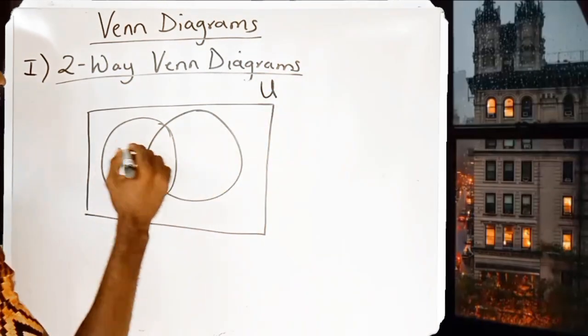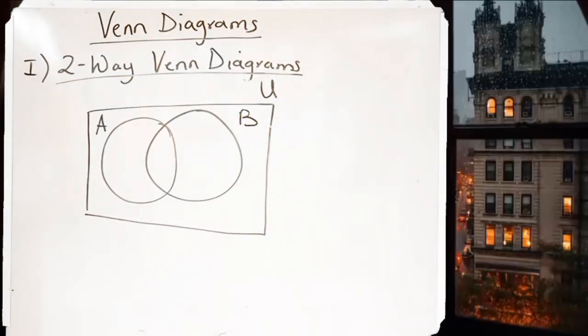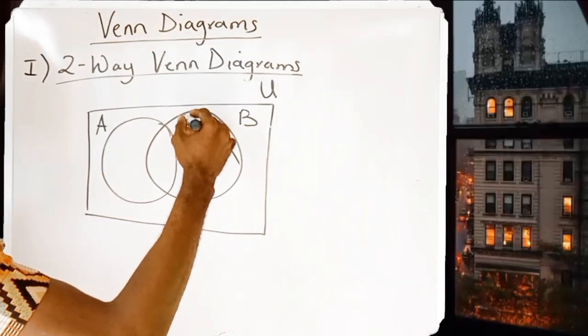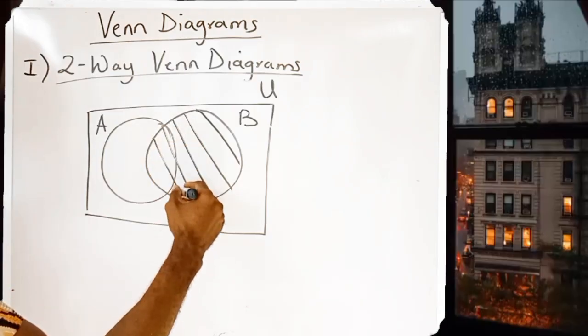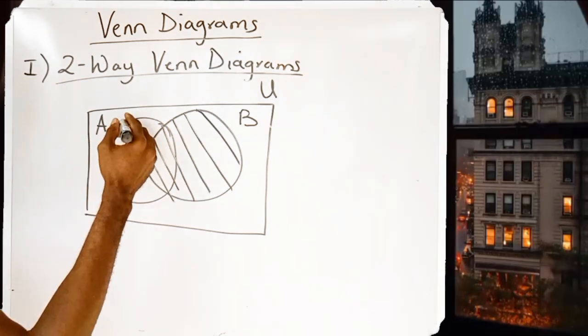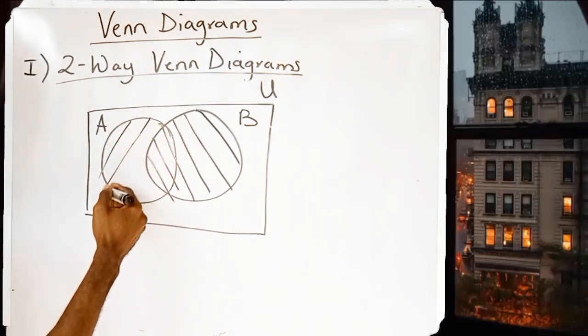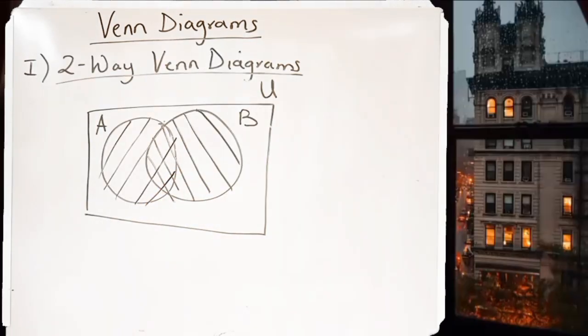Outside is the universal set. This is the first set A, and this is the second set B. So let's look here. If I use a shaded line for the regions that have B in it, and then I use this other diagonal for the regions that have A in it, good.